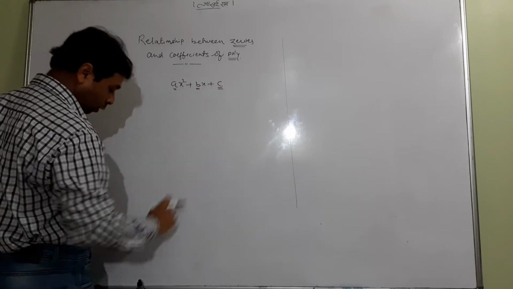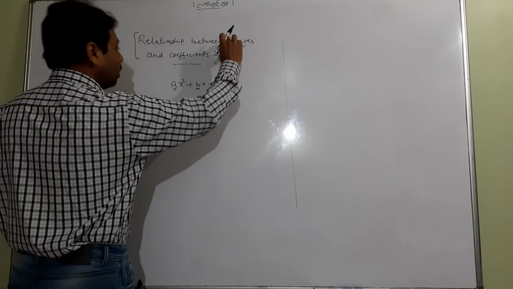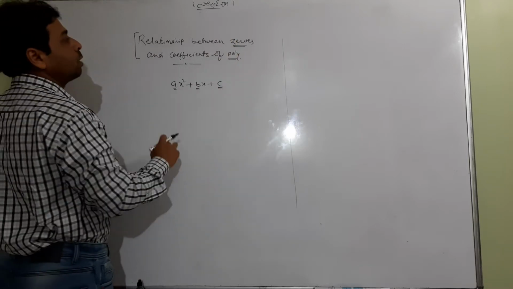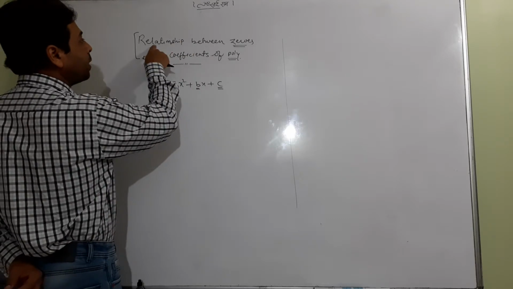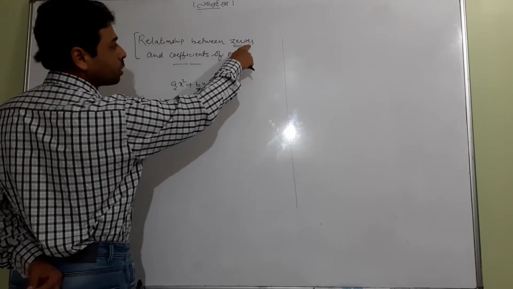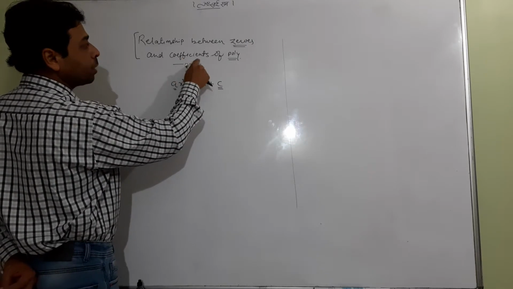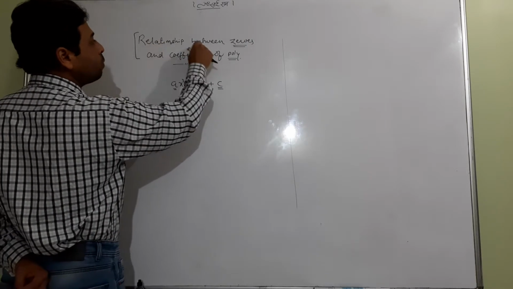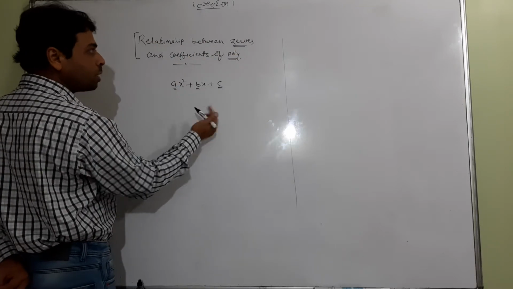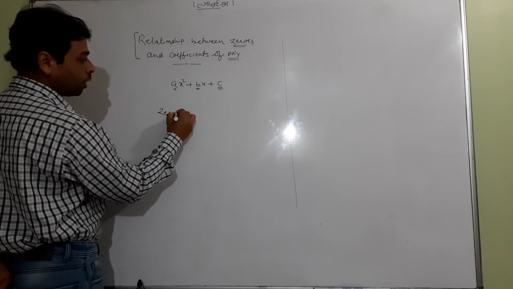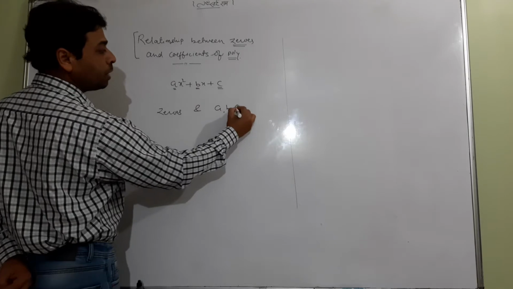We have to find the relation between the zeros and a, b, c. These are called coefficients. So we have to find the relation between the zeros of the polynomial and the coefficients a, b, c.